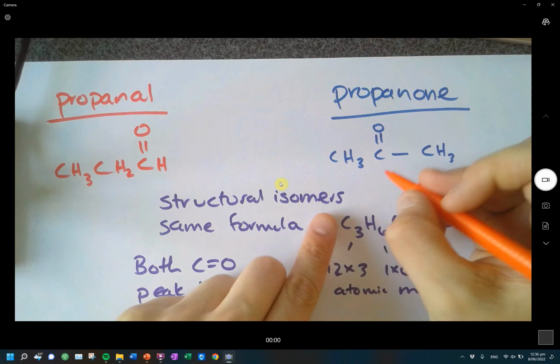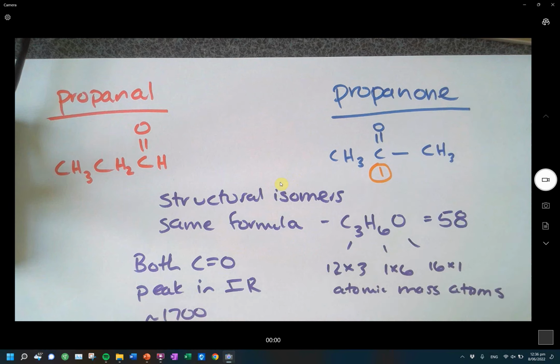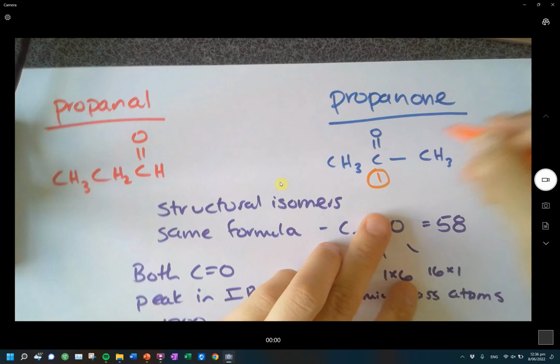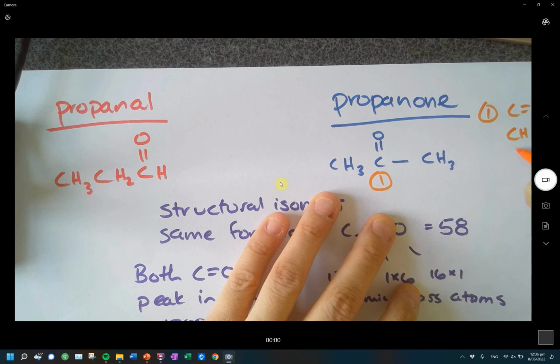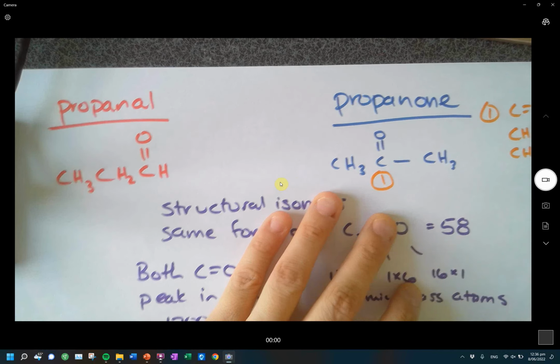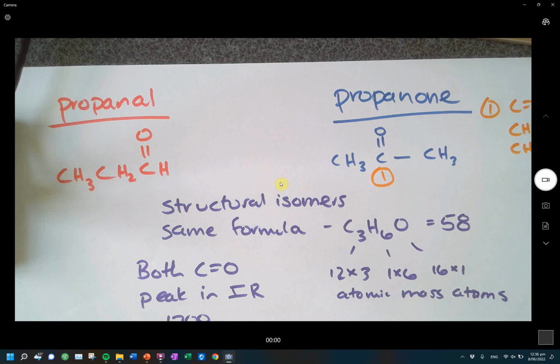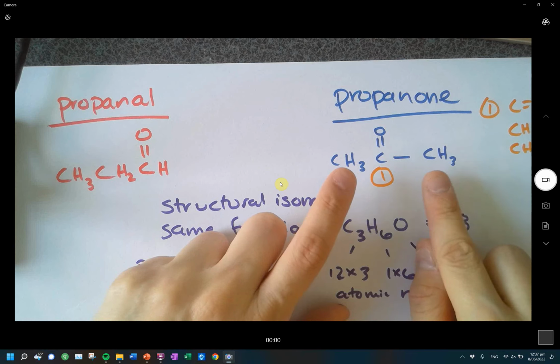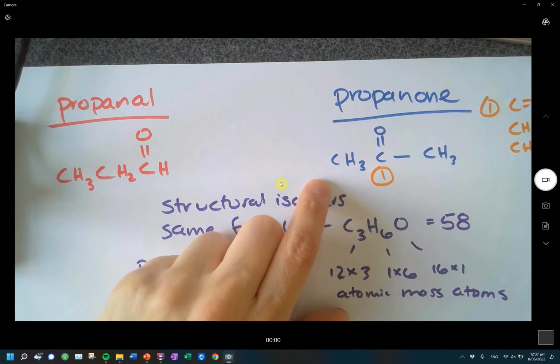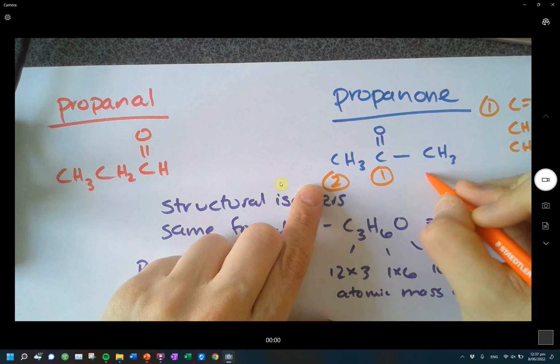If you notice, this is one of my carbon environments. It's a carbon. It has a C double bond O, and it has a CH3 and a CH3 attached to it. So I'm just listing out the things that it has attached. These two carbons here have exactly the same list. So these are the same carbon environment.